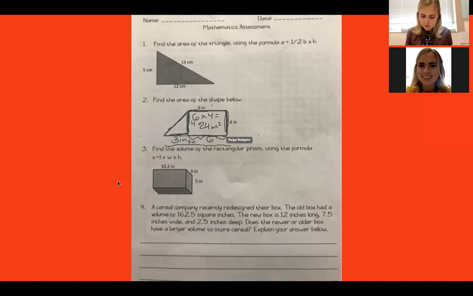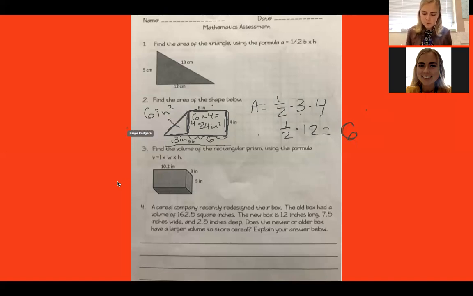So that means the other side of the rectangle would be 4. So then the area of this triangle, we do 1/2 times the base times the height. So 3 times 4 is 12, times 1/2, or half of 12, equals 6. So the area of this triangle is 6 inches squared.